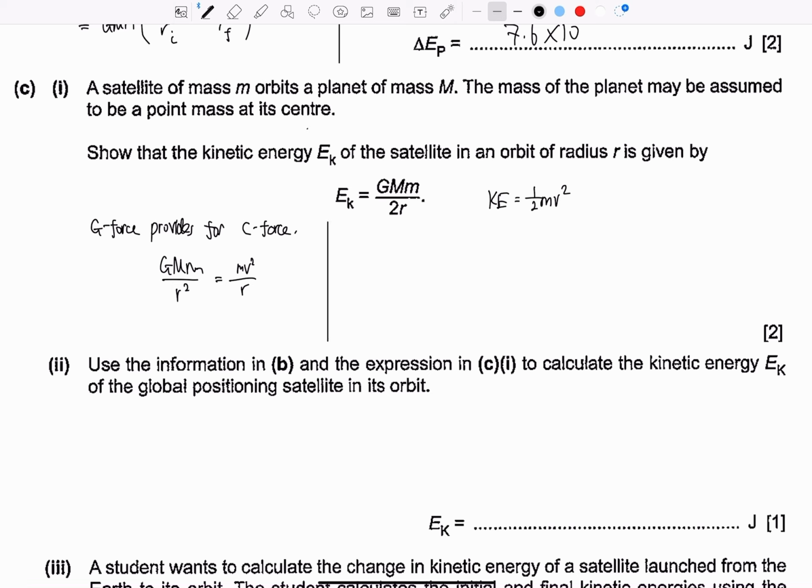So we will multiply both sides by 1 over 2. So we'll get half GMm over r squared equals half mv squared.